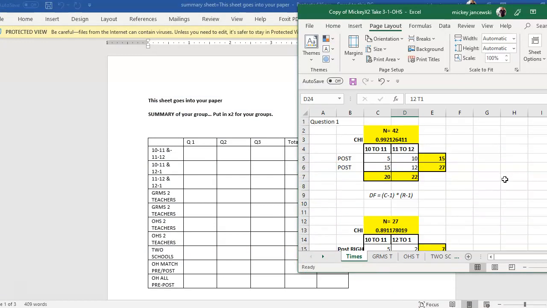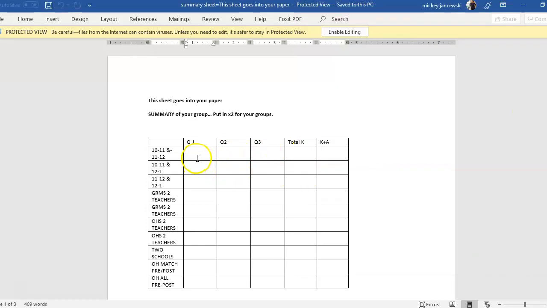And let's say this were the right data. For question 1, 10 to 11, and 11 to 12 comparison, we have 0.992.